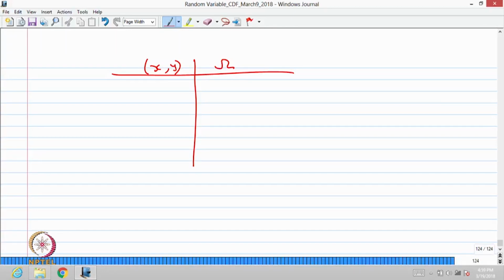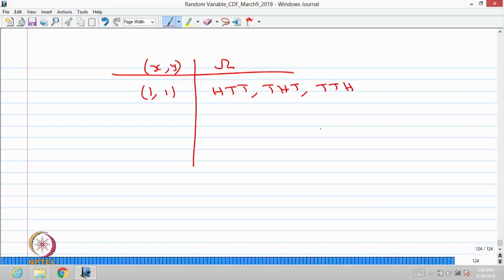For example, suppose x takes the value 1 and y takes the value 1. That means the number of heads is 1 and the absolute difference between the number of heads and tails is also 1. That means the possible outcomes from the omega are head, tail, tail, or tail, head, tail, or tail, tail, head.